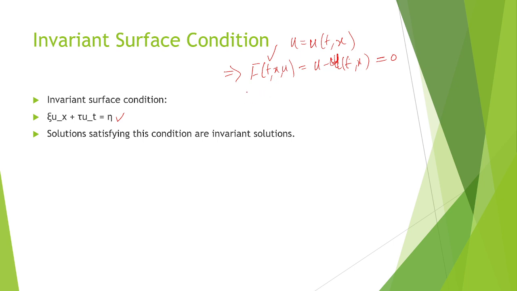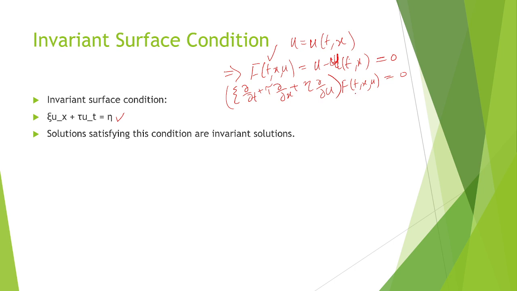Now we have the generator xi partial by partial t plus tau partial by partial x plus eta partial by partial u. Operate on this surface F, which is a function of t, x and u, and this is equal to 0.